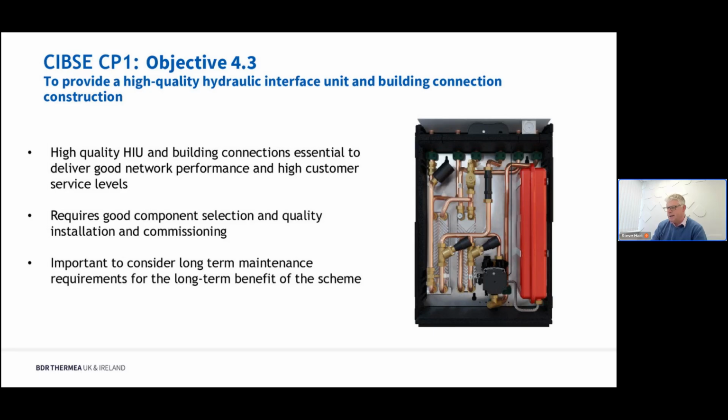It is true to say that the quality of HIUs has improved drastically over time, particularly since the first BEAMA test was introduced in 2015, and again the version 2 of that in 2018, and finally the version 3 in October 2023. The test now sets a pass-fail standard for heat interface units and also identifies best practice passes. So the bar is definitely rising, and that's stimulating innovation and improvement amongst the manufacturers participating in the market.